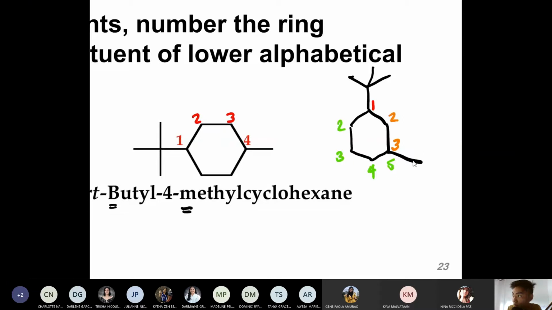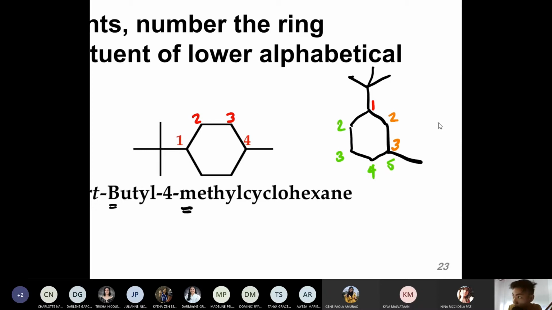Then, that will be followed by this methyl group, no? However, in this case, dalawa yung pwedeng number niya. Pwede siyang 5 if we count it from left to right, no? So, pwedeng 5 yung kanyang locant, yung kanyang number, or pwede ring maging 3. So, in cases like this, ano gagawin natin?